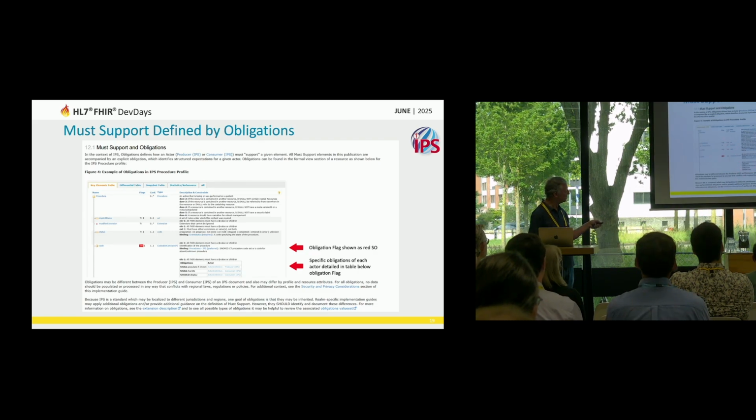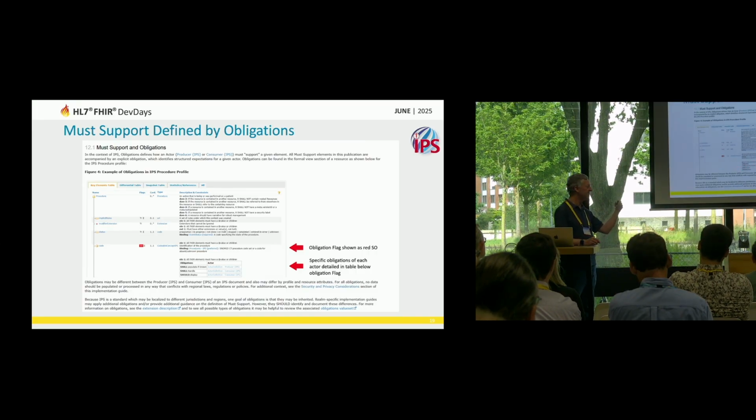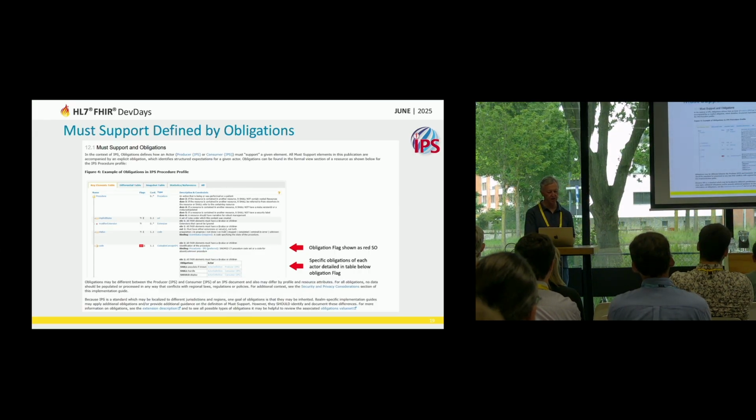Basically these boxes you see say that the obligations for the producer: you shall populate if known. There are some other variations, but that's one of the common ones that we see. And then for the consumer, you must be able to handle, and you must be able to display. And that's the typical pattern that we have for most of the elements.